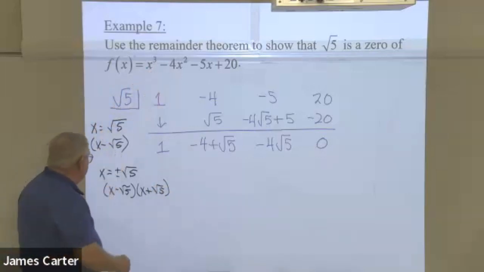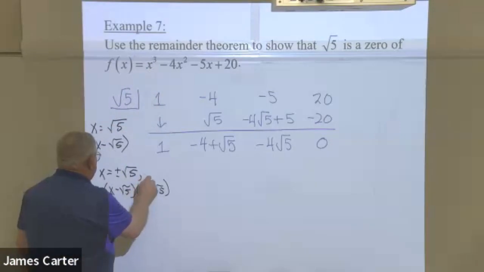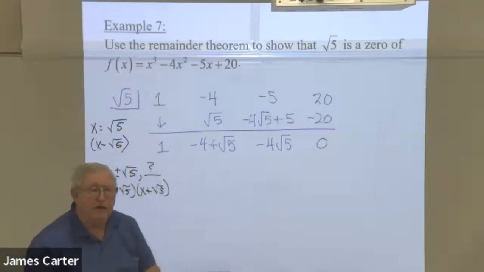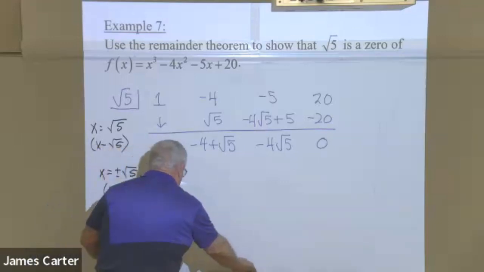You'll have a third value. Well, we're not going to find that third value on this particular problem. We're going to go on, but we're going to talk about finding that third one a little bit later.